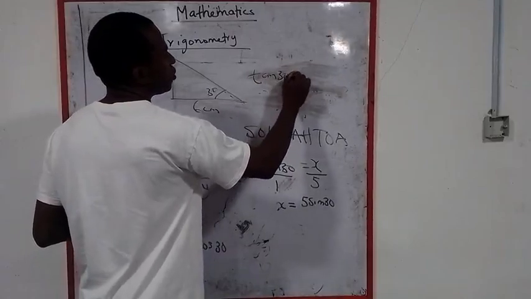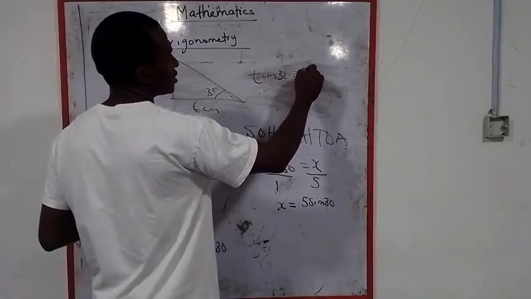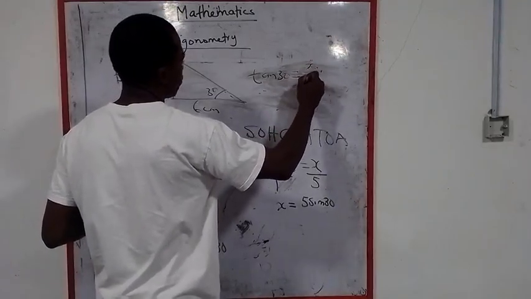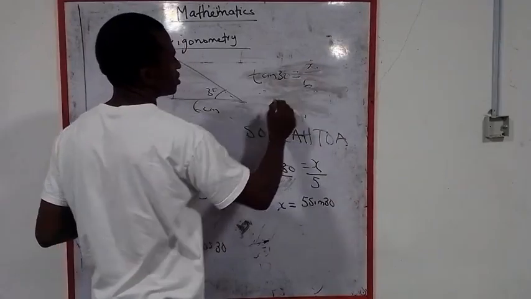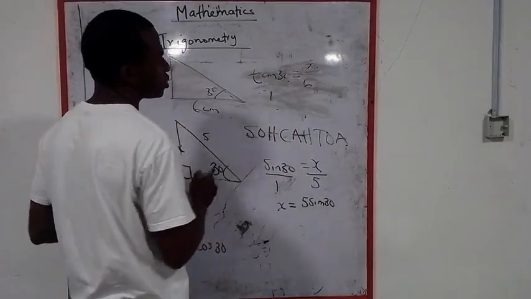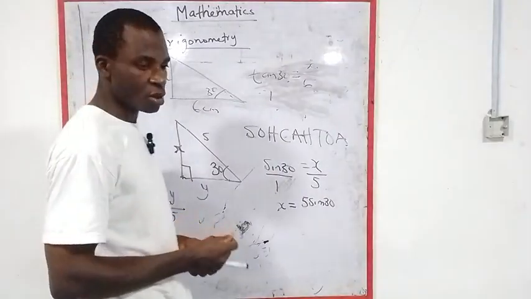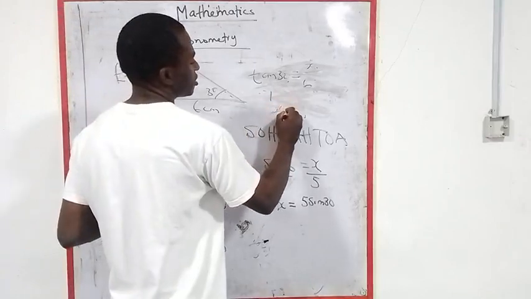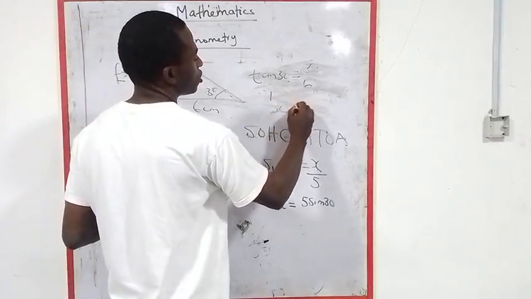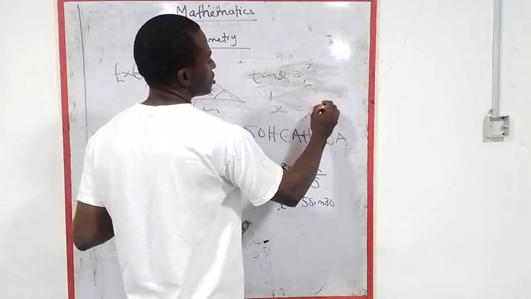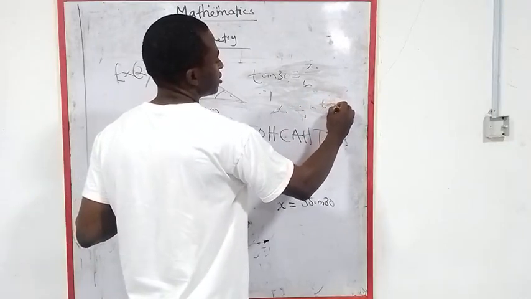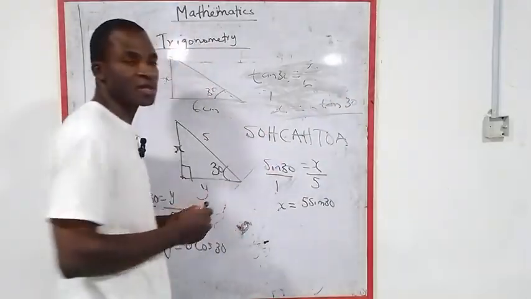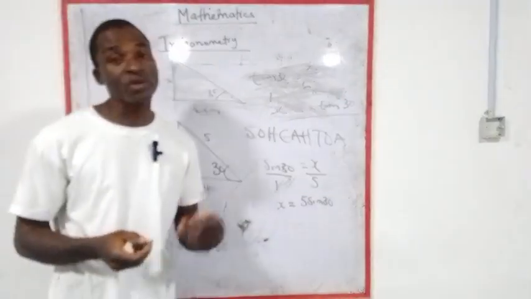Tan 30 is equal to x over 6. The same way we did it, we cross multiply, so x is equal to 6 tan 30. You can see what x has given us. So that's exactly what we're talking about. It's very simple. That's just it.